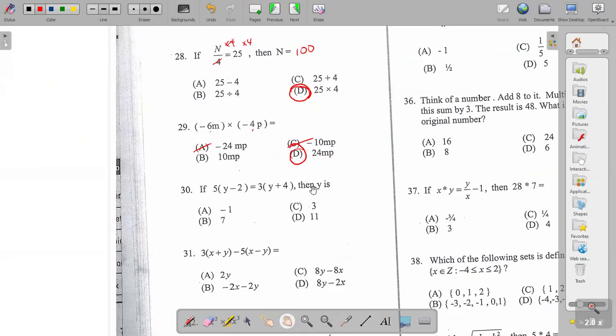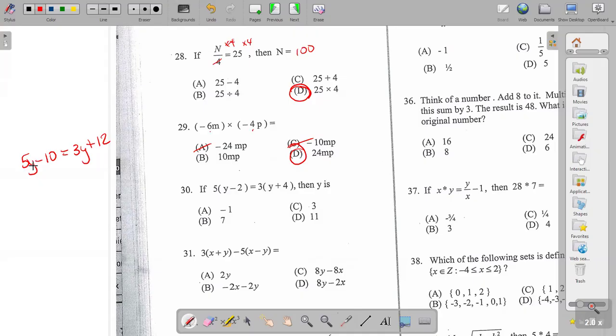We got to solve and find Y, and we got Y on both sides. So first, you always get rid of the brackets. So we're going to end up with 5Y minus 10 is equal to 3y plus 12, right? 5 times y, 5y minus 5 times 2, 10. 3 times y, 3y plus 3 times 4, 12.